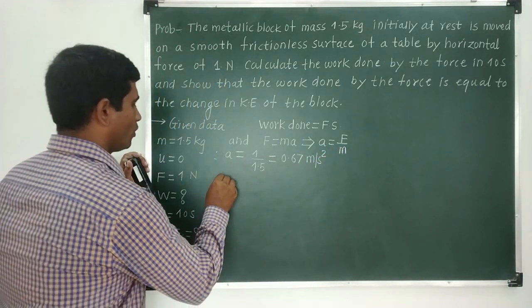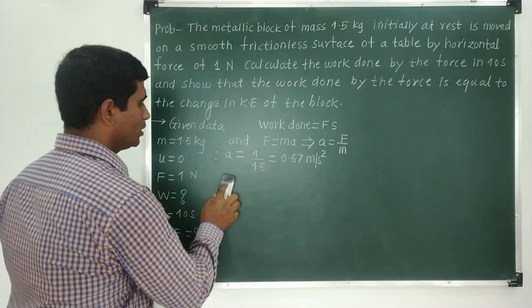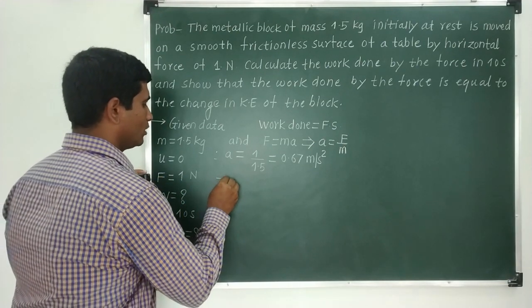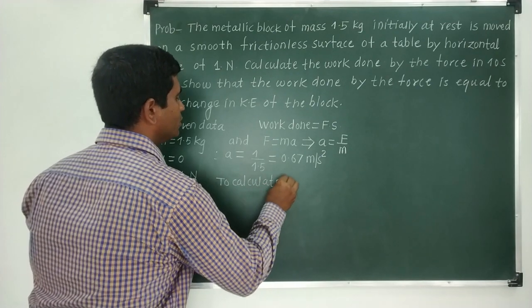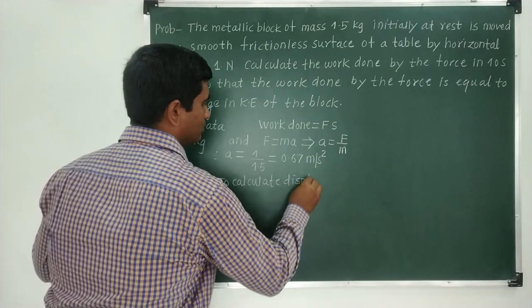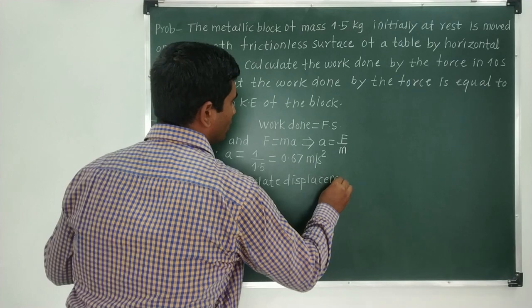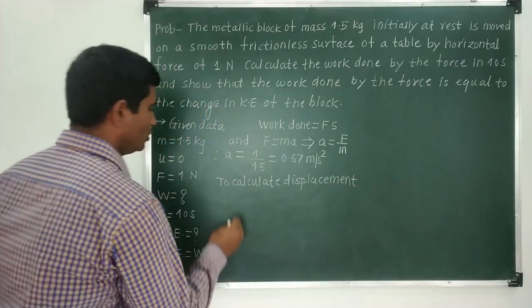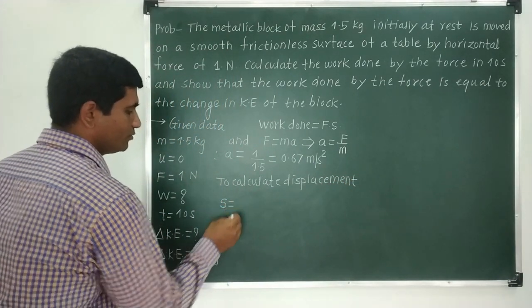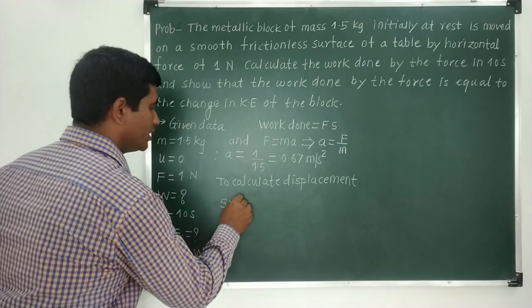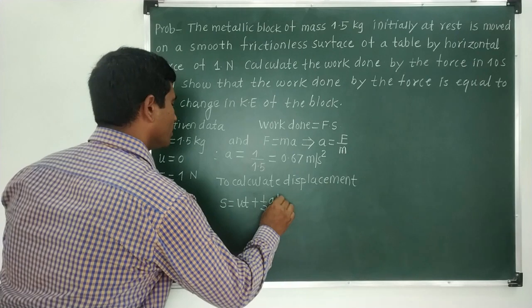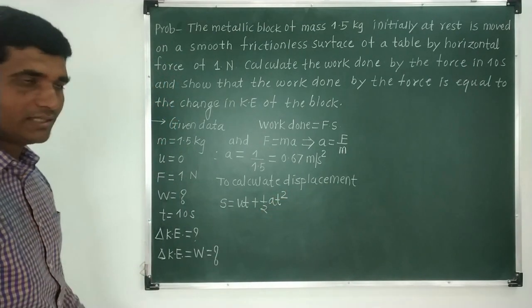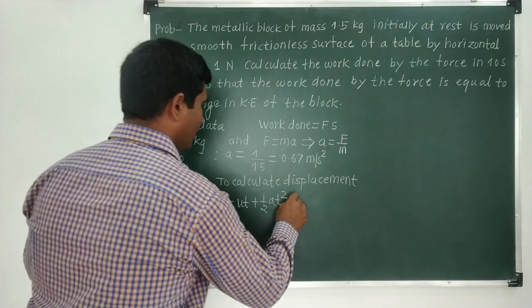Now to calculate displacement, we'll use the kinematical equation which I just told you. S is equal to ut plus 1/2 at square.